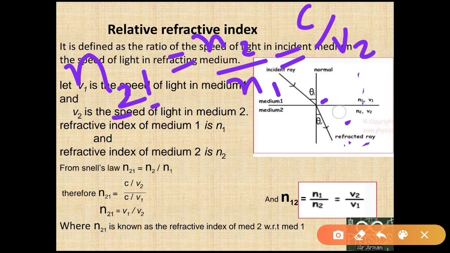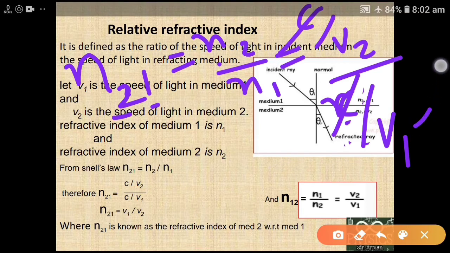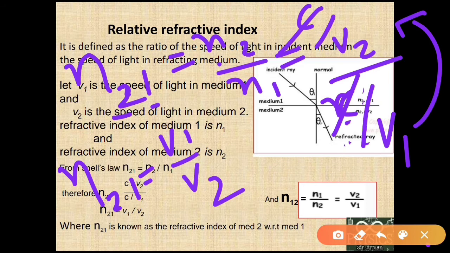It is C by V1. Okay, now we will take the ratio. So here eta 2 is equal to C by V2 and eta 1 is C by V1. Now we cancel this C, then V1 will go up. Then we will obtain that eta 2 1 is equal to V1 by V2.